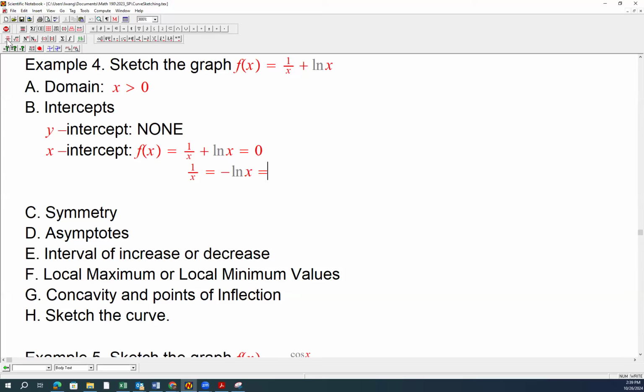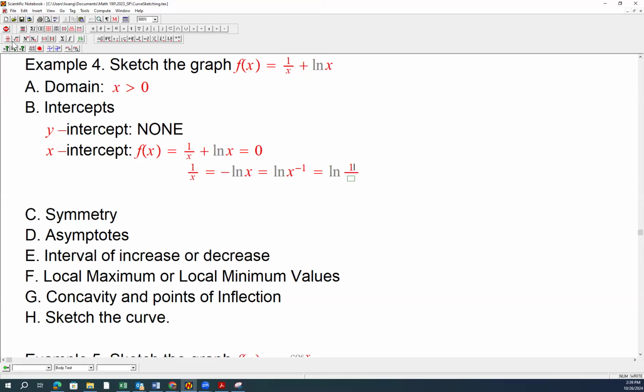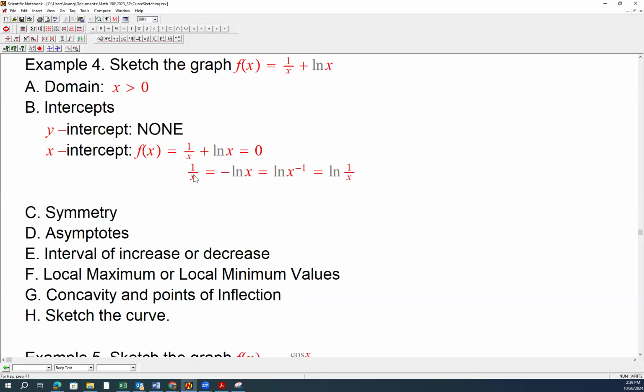Negative ln x is ln x raised to the power of -1, and that is also ln of 1 over x. So we have 1 over x equals ln of 1 over x.